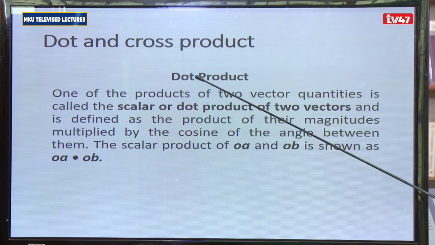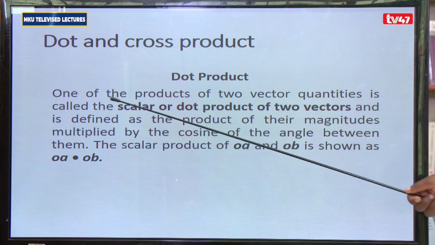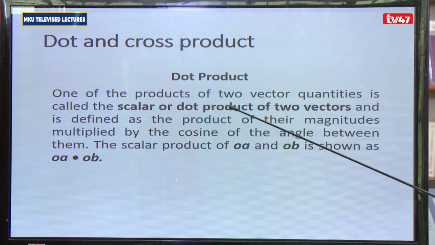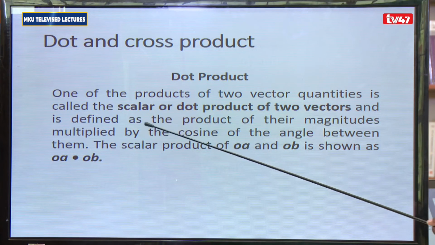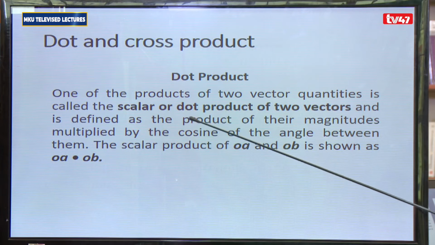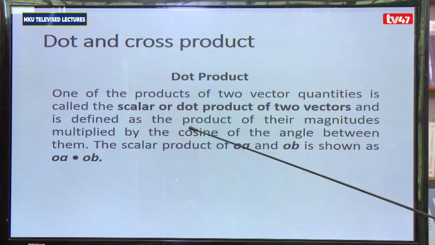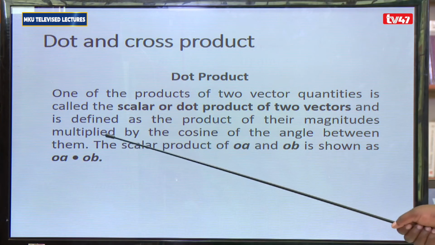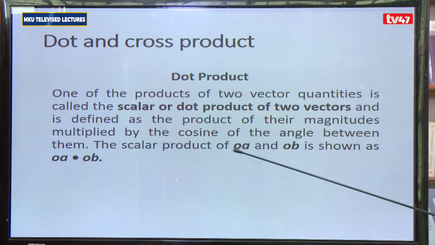If we start with the dot product, one of the products of 2 vector quantities is called the scalar or dot product of 2 vectors, and is defined as the product of their magnitudes multiplied by the cosine of the angle between them.